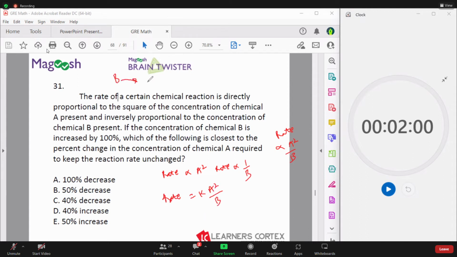So A square by B is equal to Ka whole square by 2B. So equate A square by B with this Ka whole square by 2B.